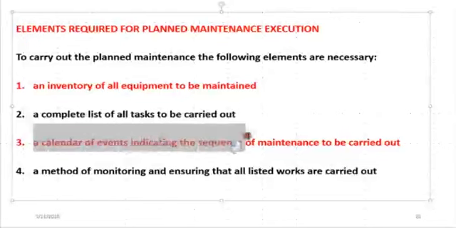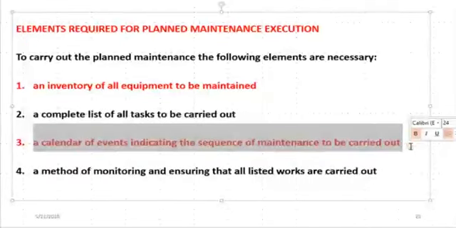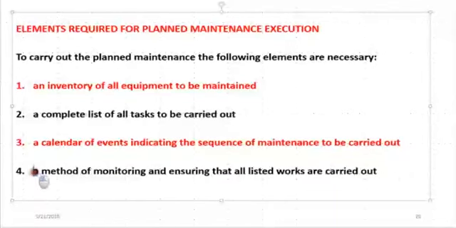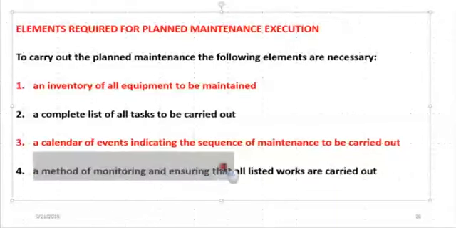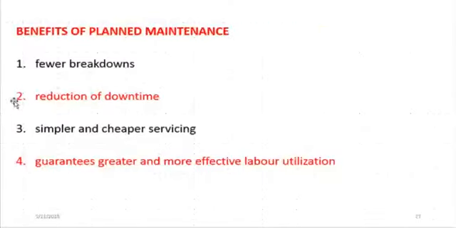And the third one is there must be a calendar of events, that is the timing. In the first week we do this, in the second week, in the third week, in the last week, all this, that is the calendar. And also the last one is there will be a very effective method of monitoring all these items and making sure that they are executed when the time comes.